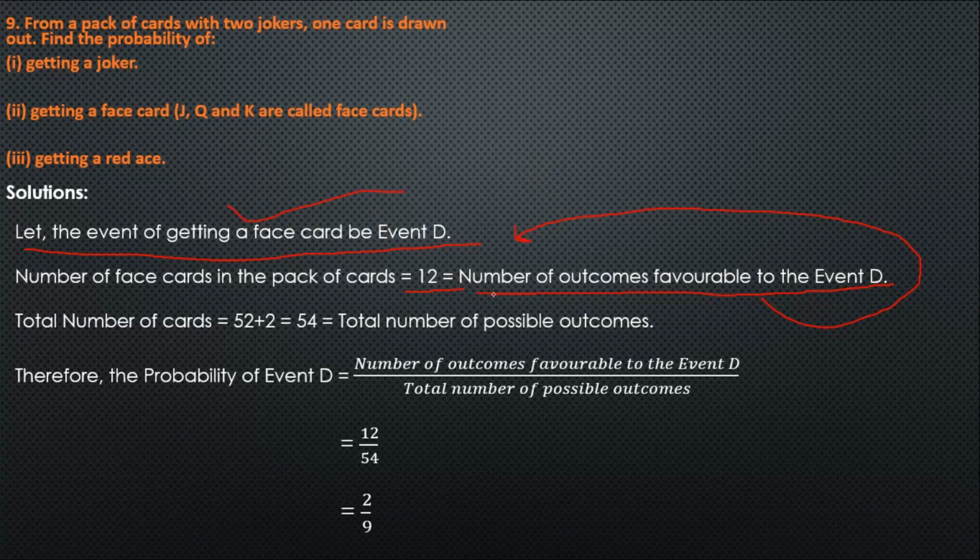So there are 12 different cards or different outcomes favorable to the event D. Total number of cards, as I have already told you, this is 52 plus 2, 54 cards. This is the total number of possible outcomes. In order to calculate the probability now of event D, just replace the values. This is 12 divided by 54. Cancel out the common factor. This will give you 2 by 9 as your answer.